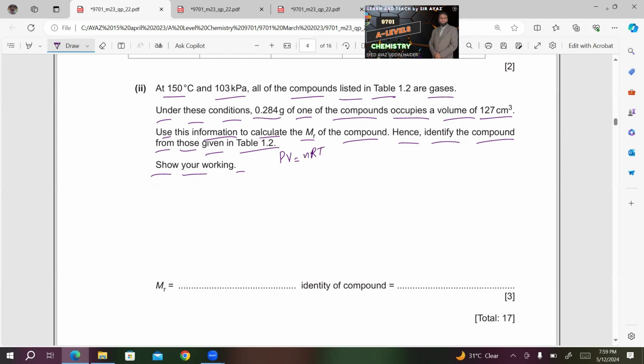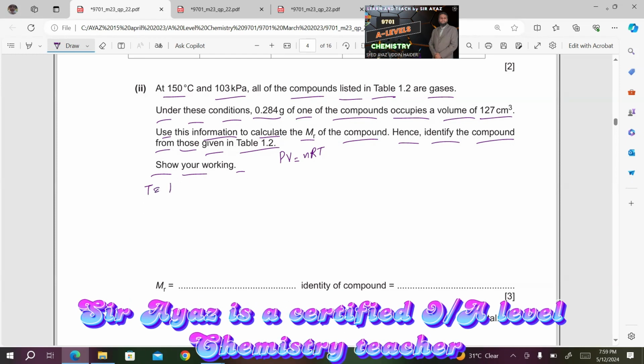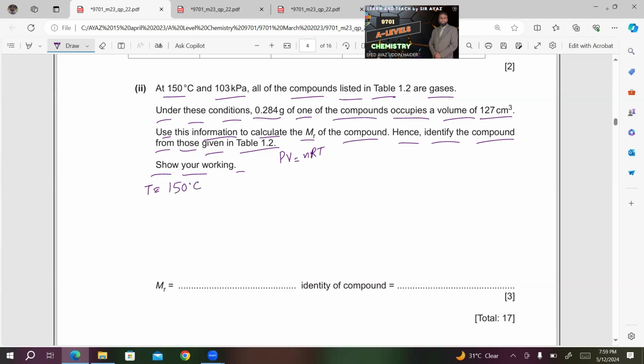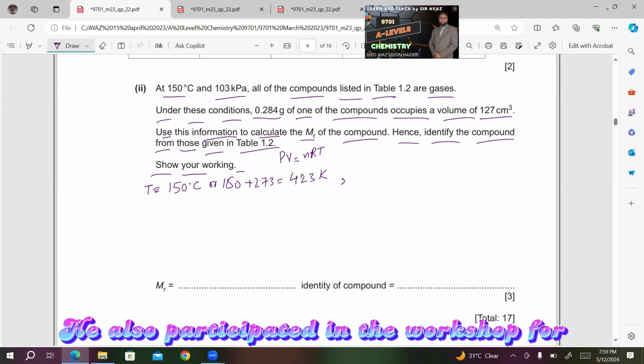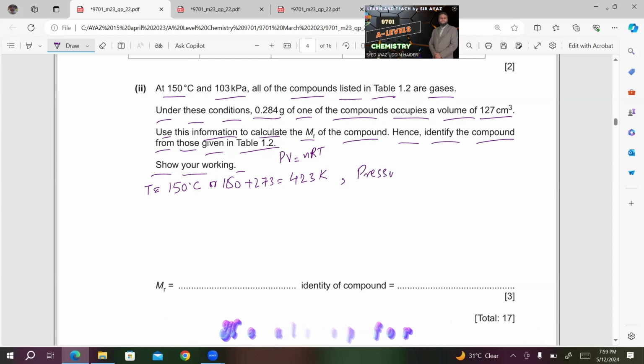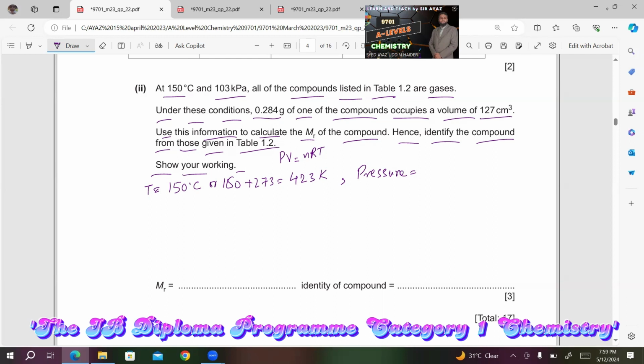From the question, what data do we have? Temperature is provided, which is 150 degrees centigrade, so it will be converted to Kelvin. You write 150 plus 273 and we get 423 Kelvin. What about pressure? 103 kilopascal.